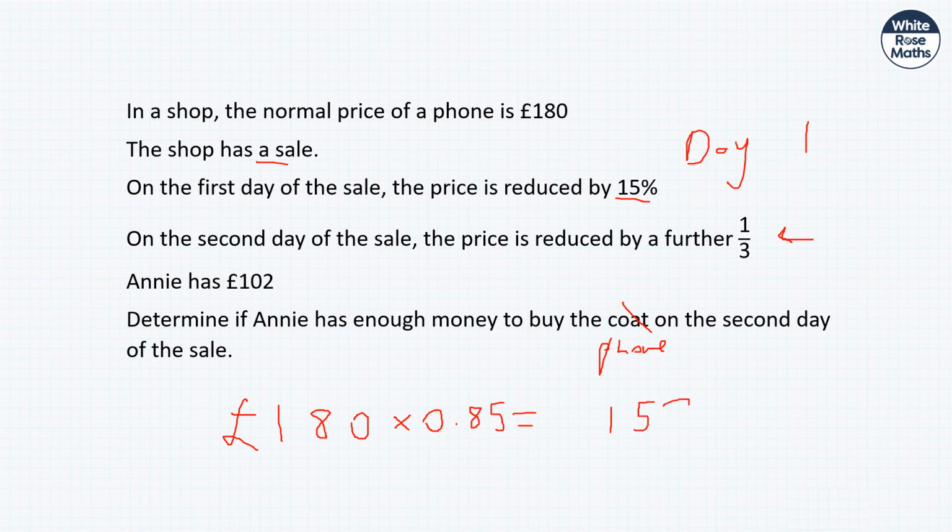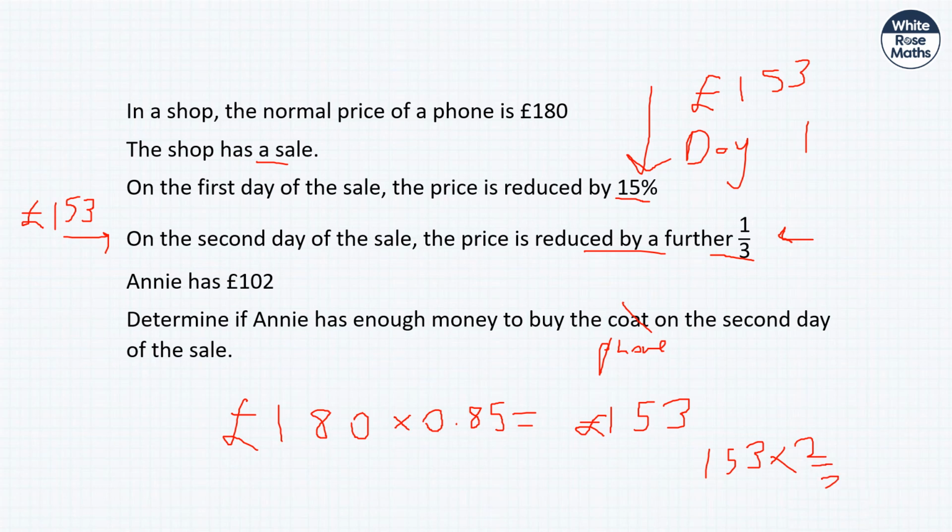So just to be clear, at the end of day one, it's 153. So on day two, it is starting on this amount, and it's reduced by a further 1/3. So I'm going to multiply 153 by 2/3, because that is the remainder.